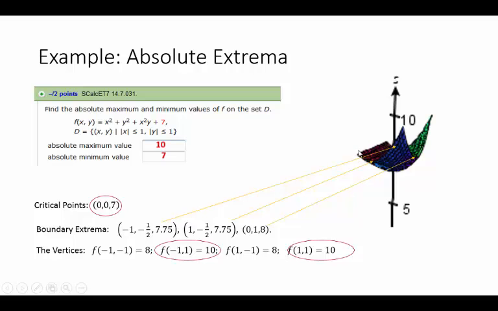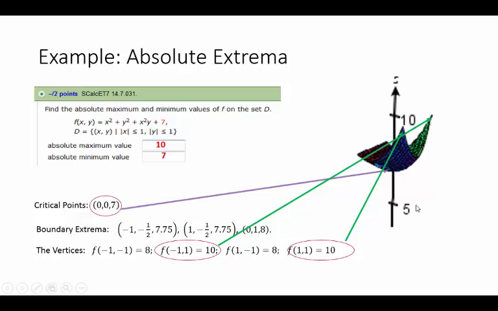Remember that line where it's constant at 8? So here's that line over here. And more importantly, the maximum values happen at the corners, and the minimum value happens at the critical point. So those are our absolute max and mins within this closed domain.